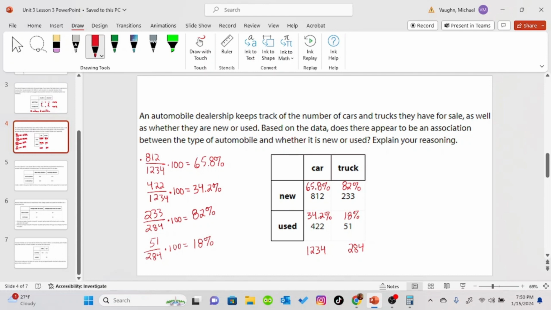Also, somebody picking a truck, only an 18% chance that it's used, whereas with a car, there's about a 34% chance that it's used. So these percentages are noticeably different, and therefore, yes, there does appear to be an association.